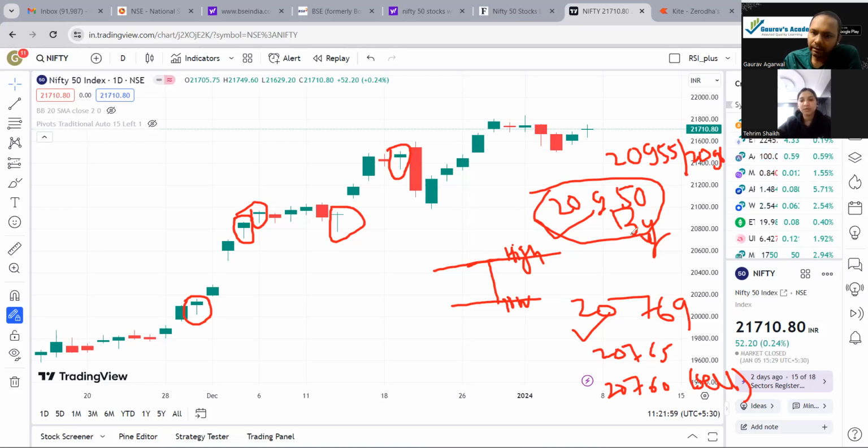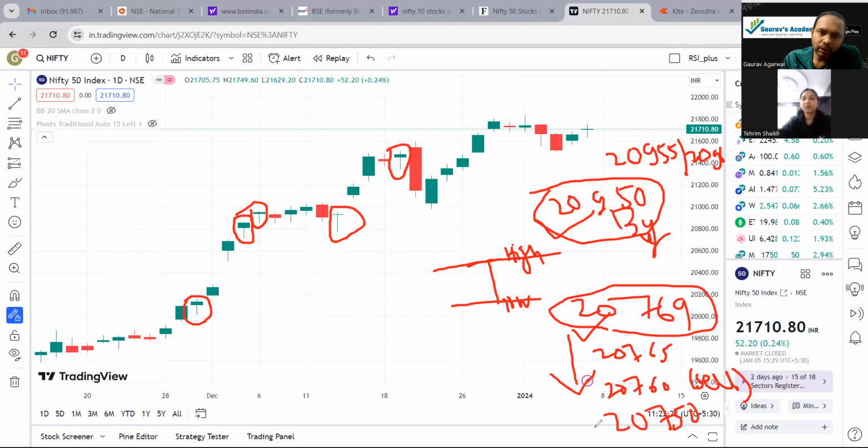And whenever the price comes down below the low price, 20769, maybe 20765 or 20760 or 20750, then we will take a sell trade, right?